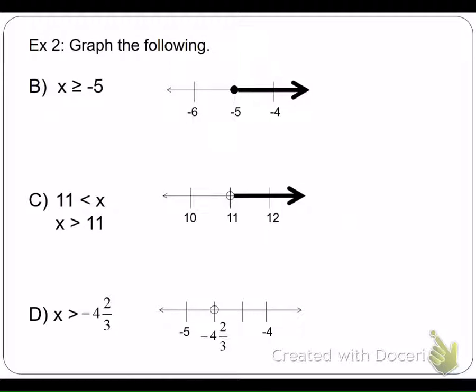Open, because it's not "or equal to," and to the left or to the right. This would be negative 4 1/3, so that's where the fraction is located. It's 2/3 of the way to the negative 5. So that's our 1/3, 2/3.